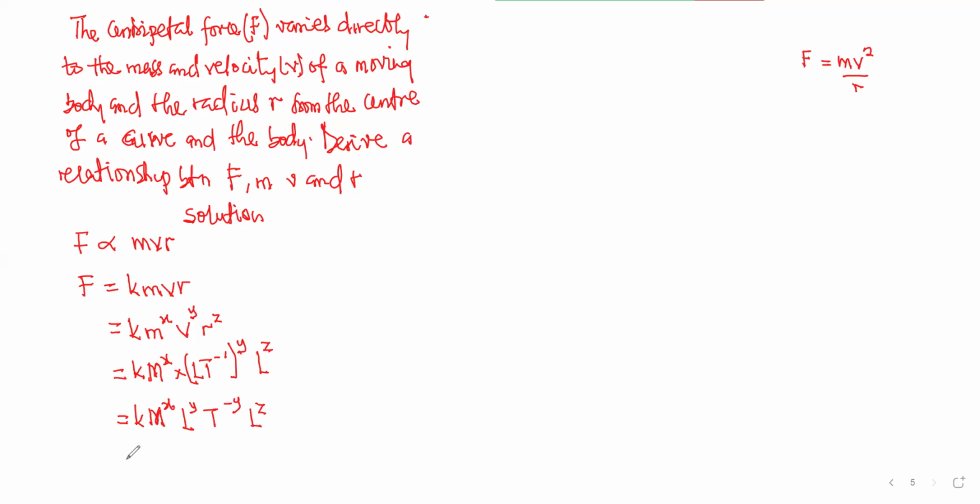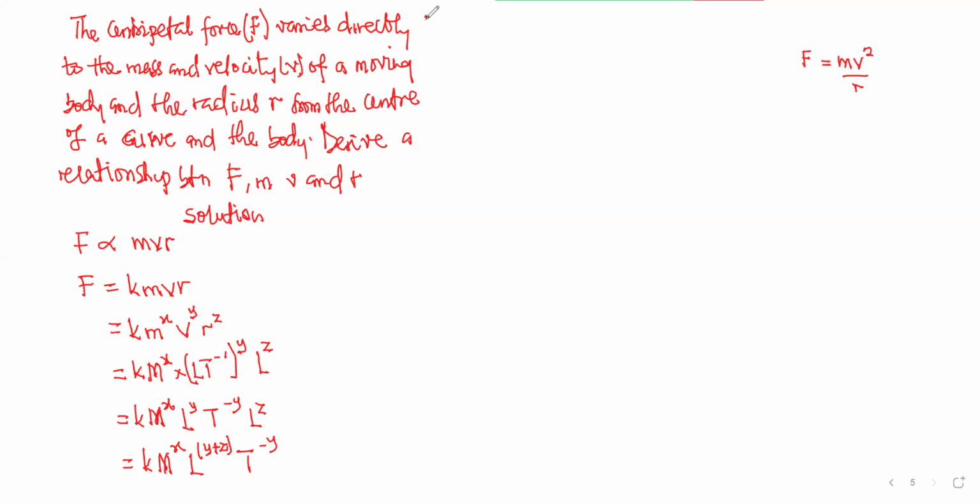Then you group like terms. M is a Lone Ranger. L exponent Y plus Z, T exponent -Y.